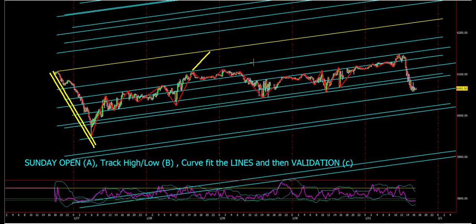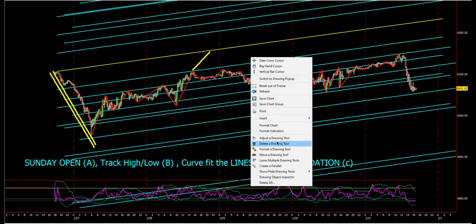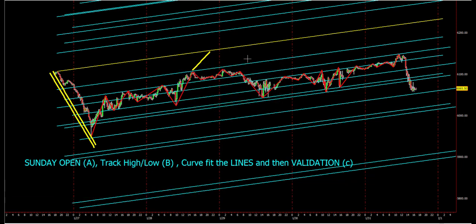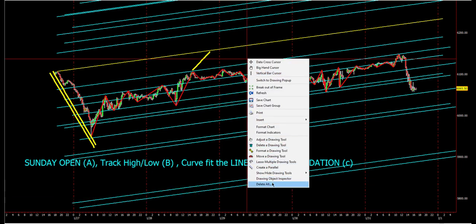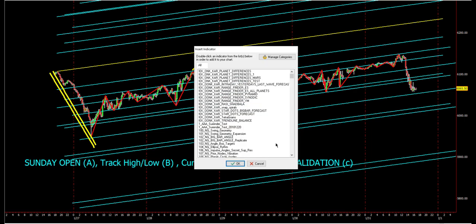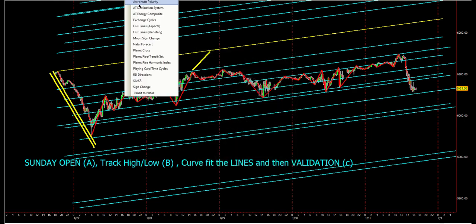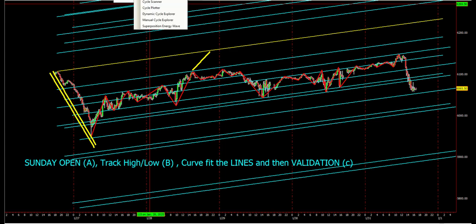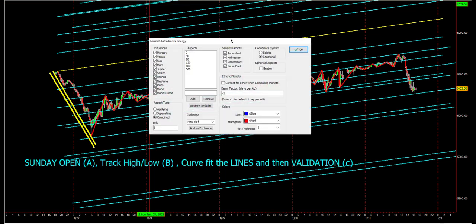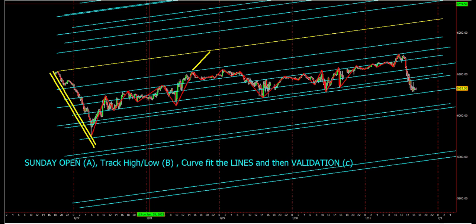So let's do one thing. Let's get rid of this one, and let's put the Astro energy module.